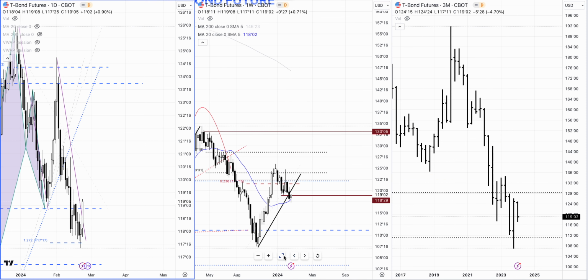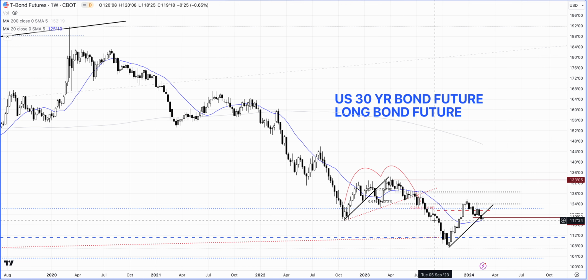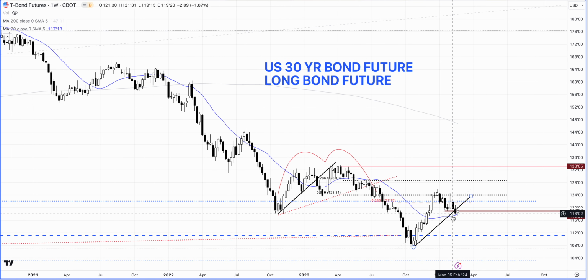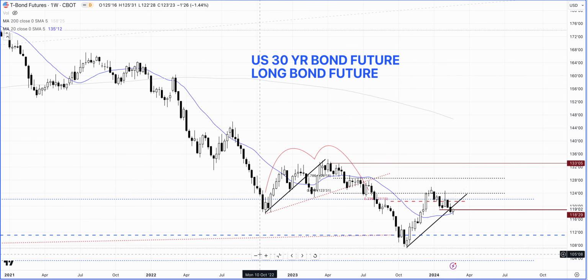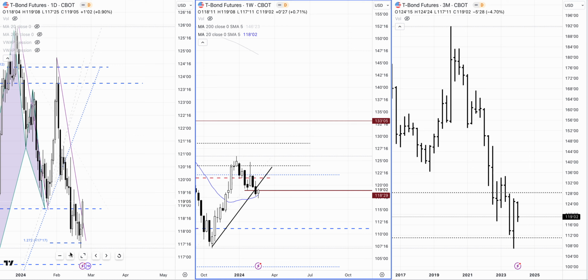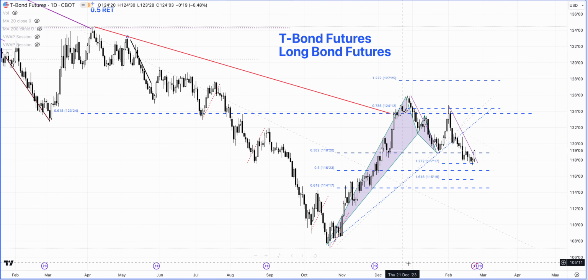Last week this ABCD, which I've drawn on the daily chart, also coincided with the 20-week moving average, and after falling for about 4 weeks, the market did find buyers come in. So it's a really important support level for the long bond futures.